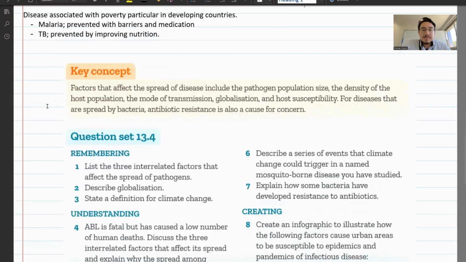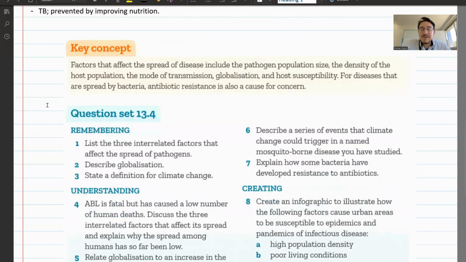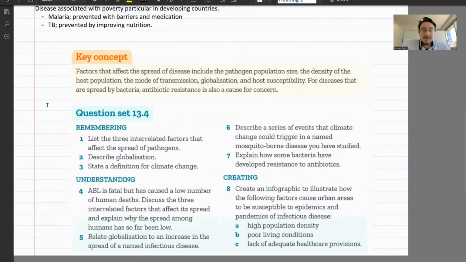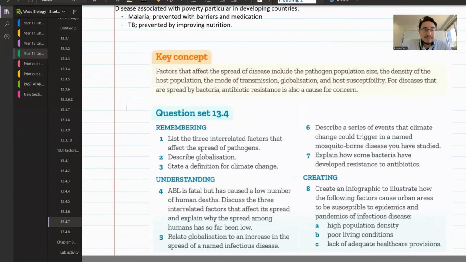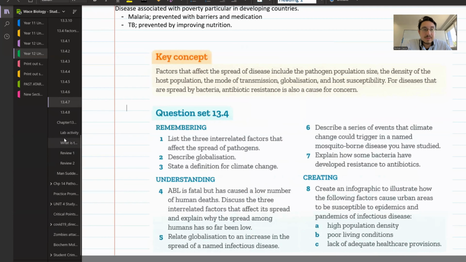These are the general factors that influence spread: the population of the pathogen, the population of the host, and the mode of transmission. Within these three, you have other factors that influence everything: globalization, antibiotics, and climate change for certain diseases. So make sure you're familiar with these and can discuss them.